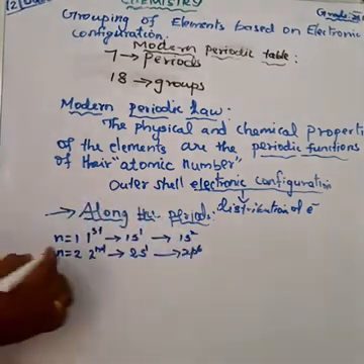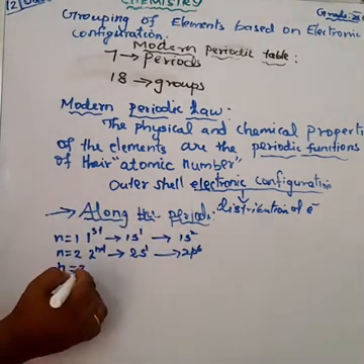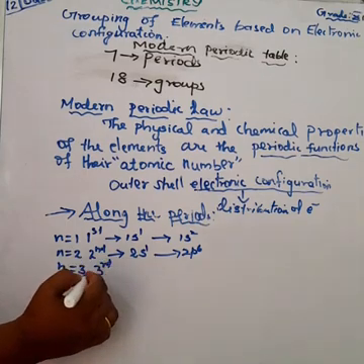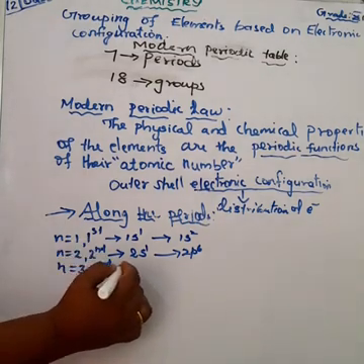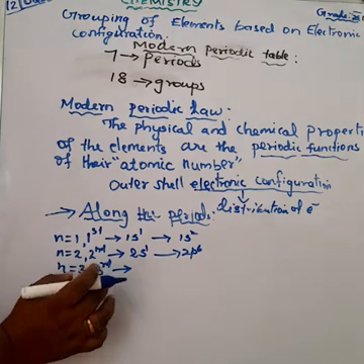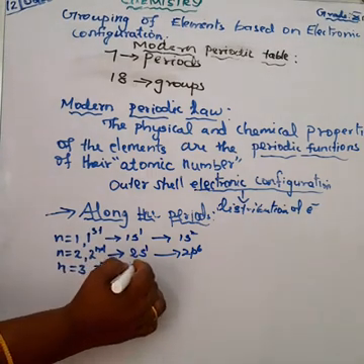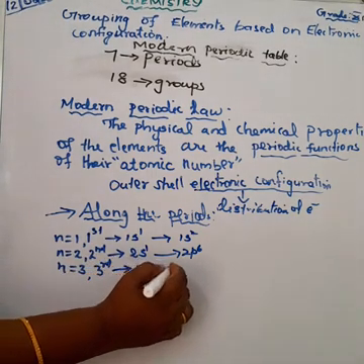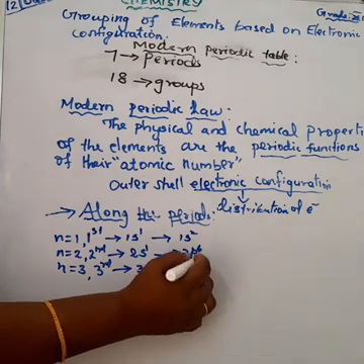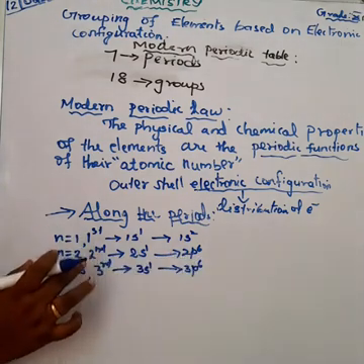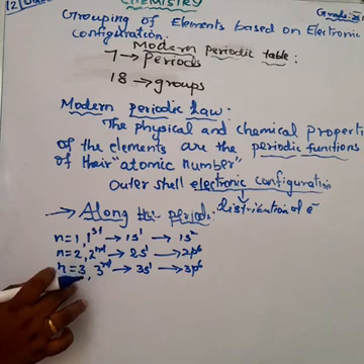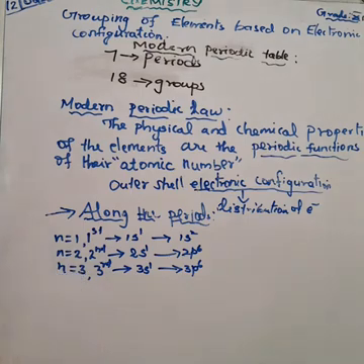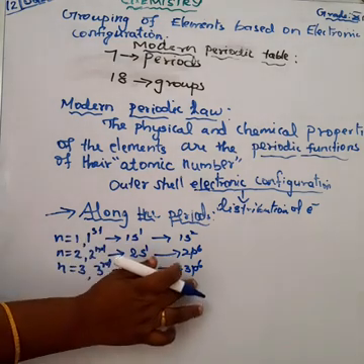Okay, and third period, n is equal to 3. So the electronic configuration of the elements can start from 3s1 to 3p6. The first element of the third period, the electronic configuration starts from 3s1 to 3p and is completed with 3p6.